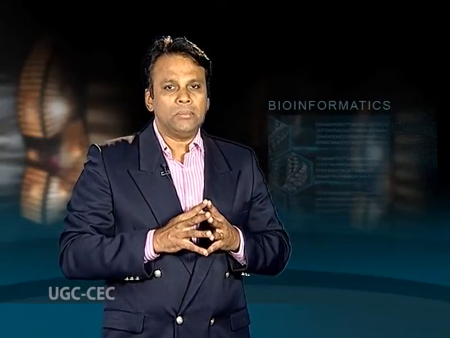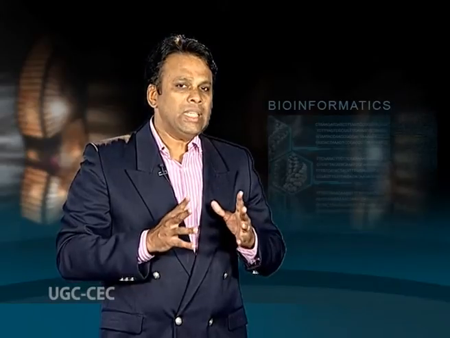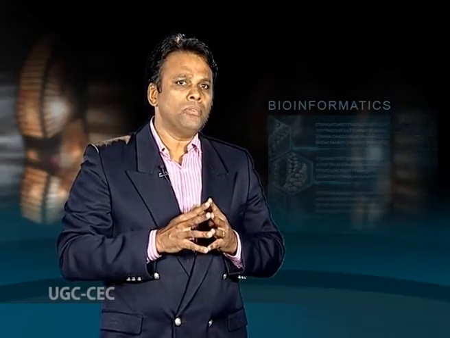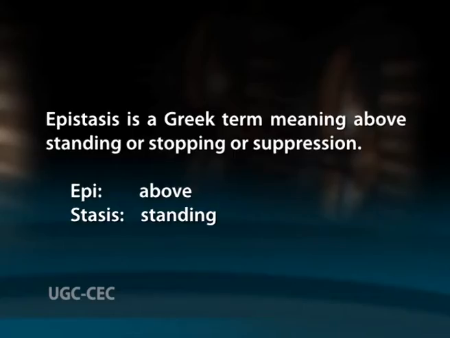Most of the organisms have more complexity than the characteristics that Mendel studied. Epistasis is one source of this complexity and can occur in different ways, resulting in a variety of different phenotypic ratios. Epistasis is a Greek term meaning above standing or stopping or suppression.